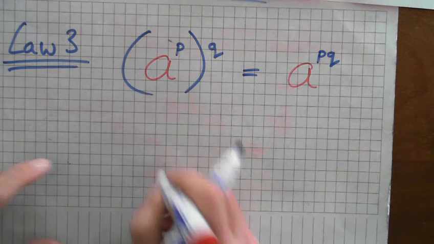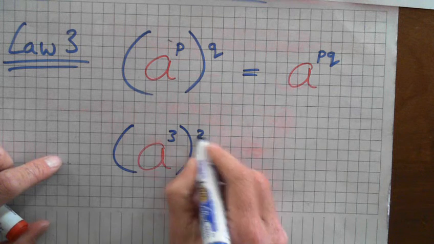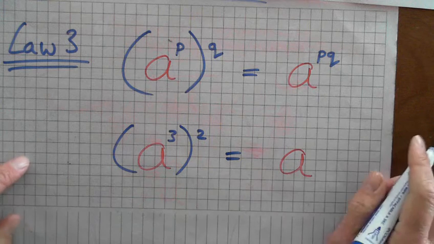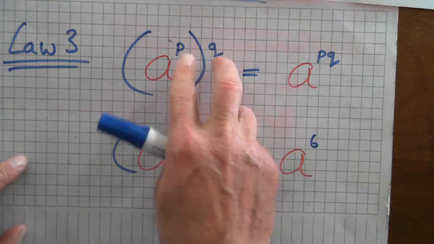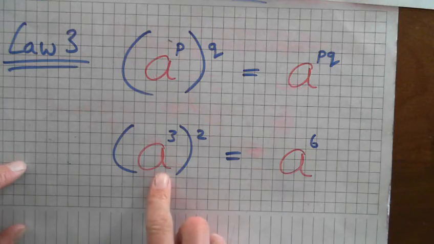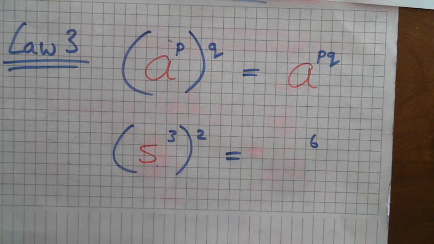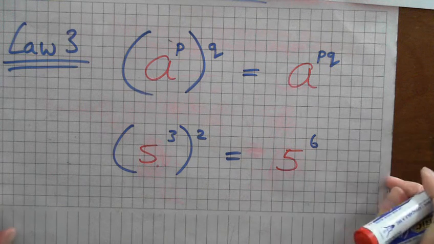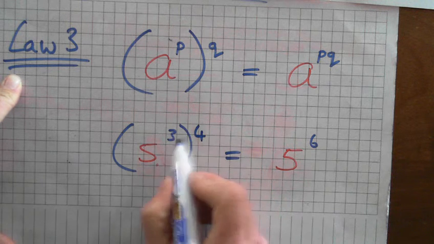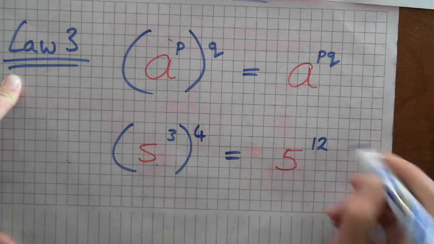For example, 8 to the power of 3, brackets, squared. 6 because they are multiplied. Brackets mean multiply. So it's 8 to the power of 6. If I change that to a 5, it's 5 to the power of 6. If I change that number to a 4, that becomes a 12.